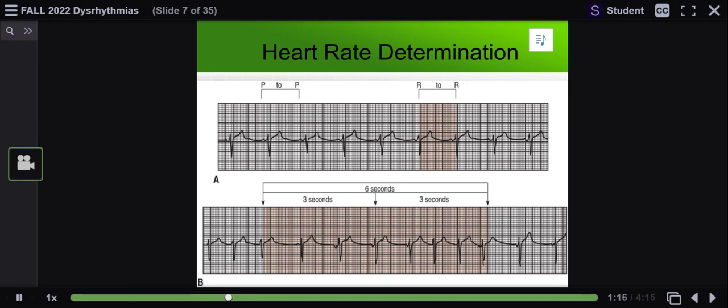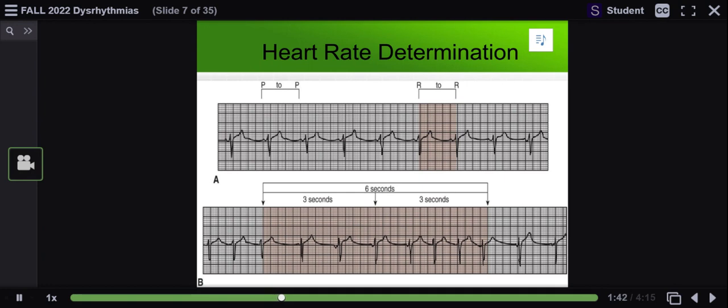So based on strip A, the number of boxes between the first R and the second R is 25. There are 25 small boxes. So you're going to divide 1,500 by 25, and it gives you an estimate of 60.